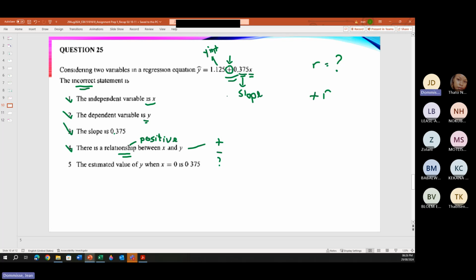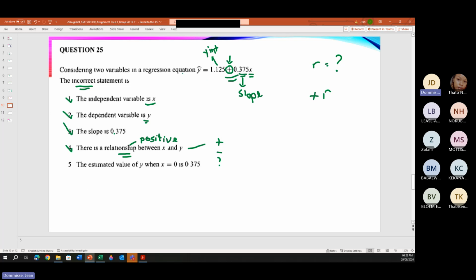We can't, with this formula, say if it is weak, strong, or anything like that. For that, they need to give us the value of R, but they could have asked us if it is positive or negative by just referencing to the slope of this formula.